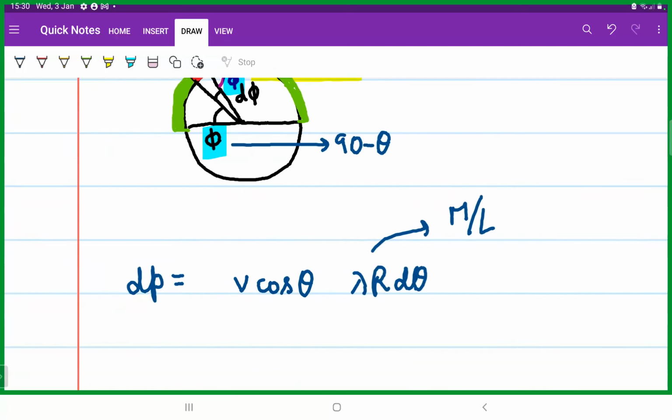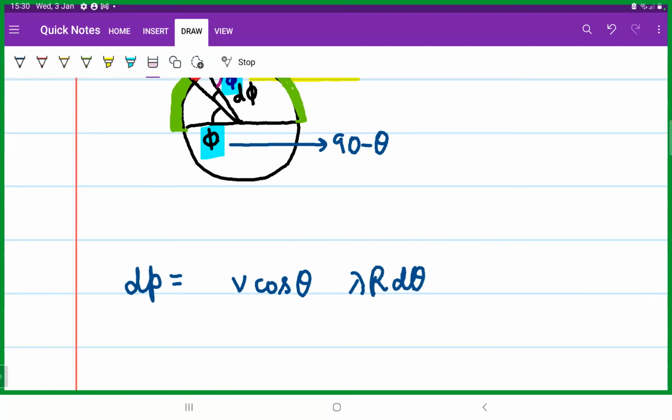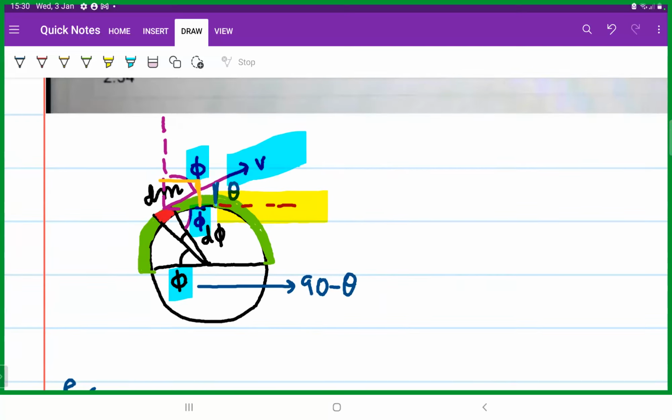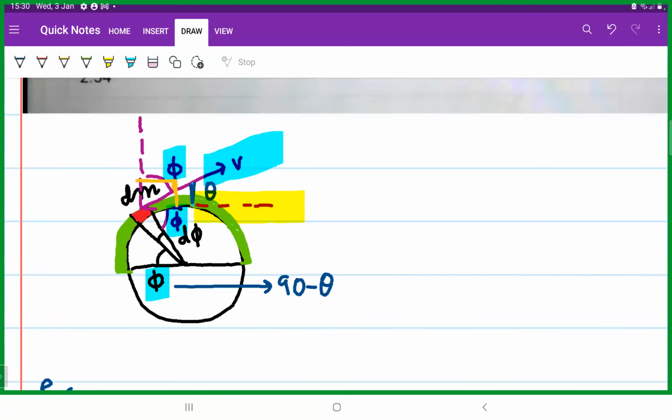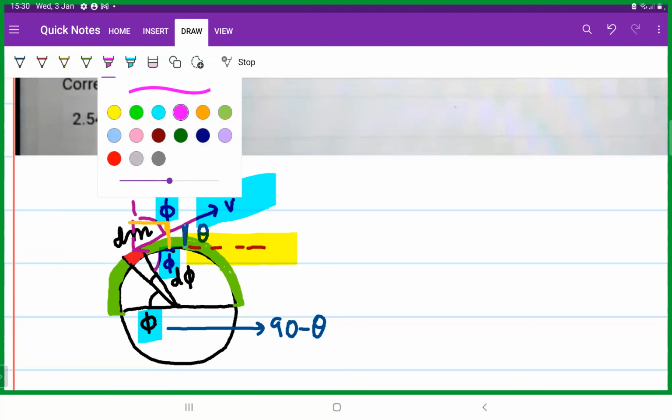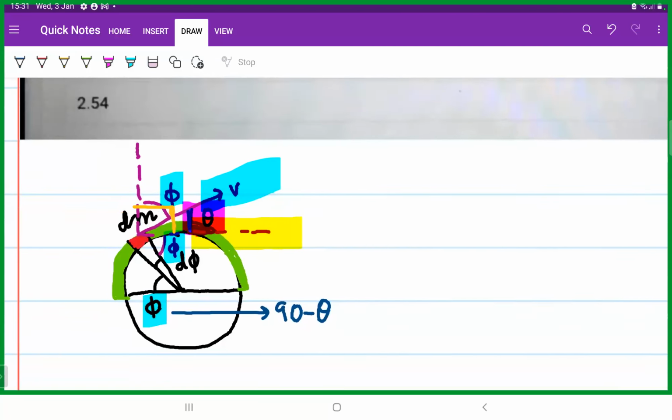Capital M by L, and L is half the perimeter of the circle. Now in order to find the linear momentum of the entire system, we will just integrate both sides, and dp will be from 0 to p. You can see this angle is theta, this dark blue colored thing.